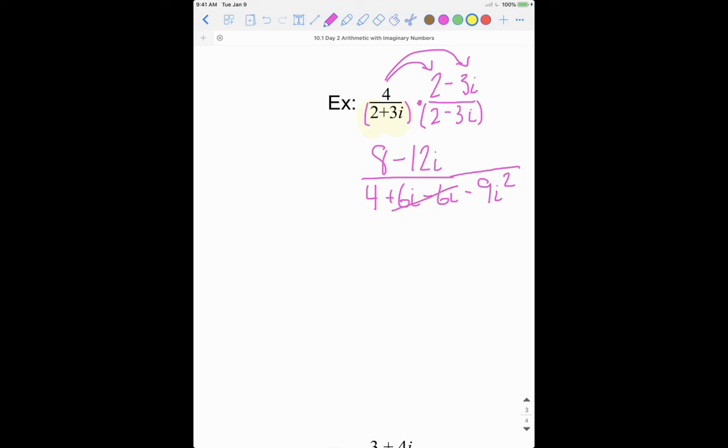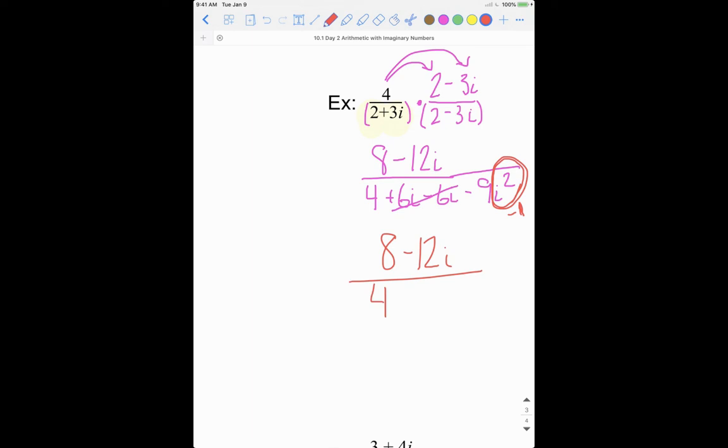Then we want to simplify any bit that we can. Hopefully you recognize that we've got this i squared, and we said that's got to be a negative 1. At this point, let's just bring down our top. We've got 8 minus 12i. Nice that it's already in order. We've got 4, because the 6i and negative 6i went away.